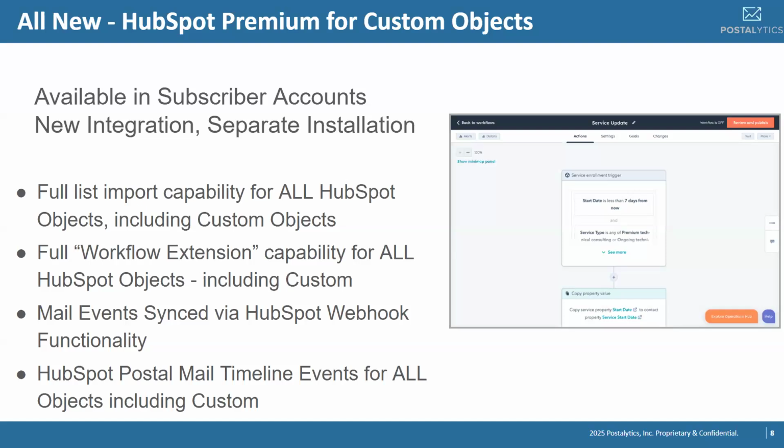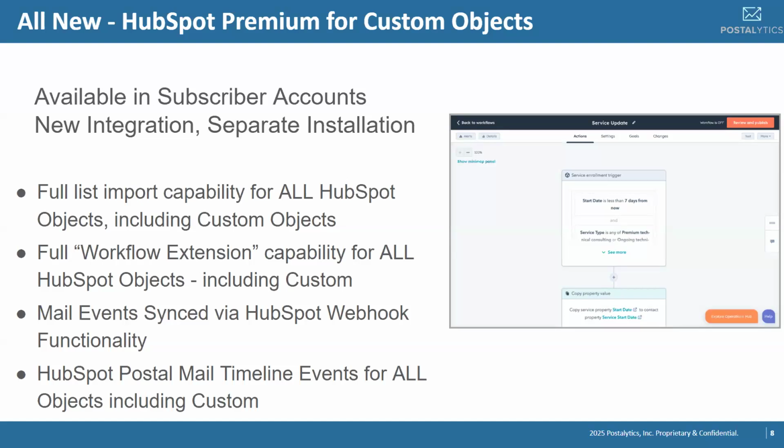Very cool. And then finally, we now have the ability to populate the timeline for any of the objects, including custom, with the HubSpot postal mail event. It's a specific property that HubSpot has created to track postal mail.